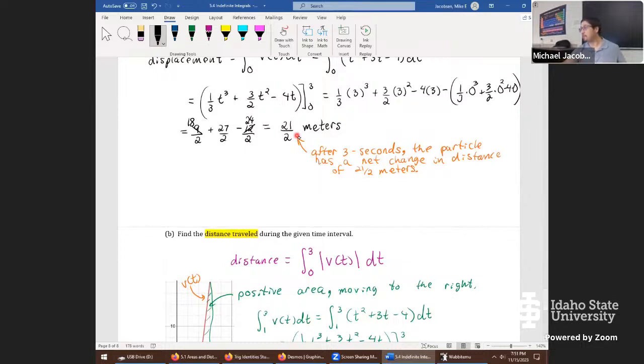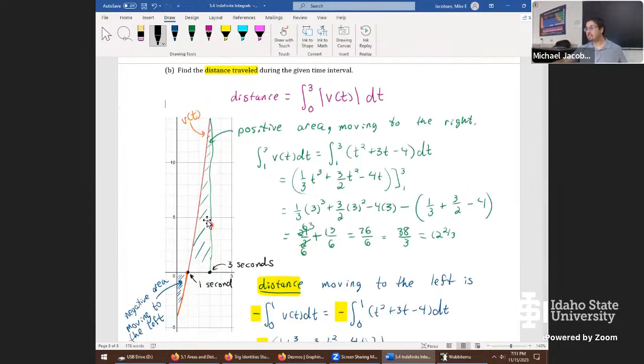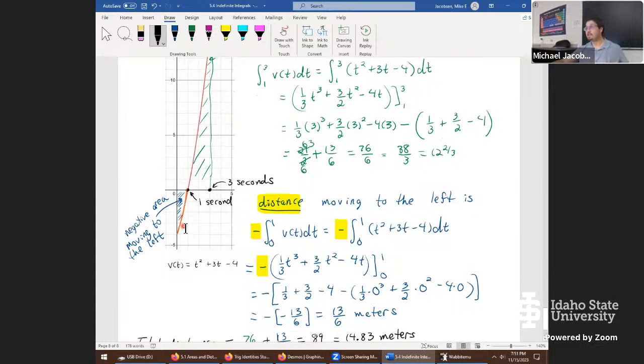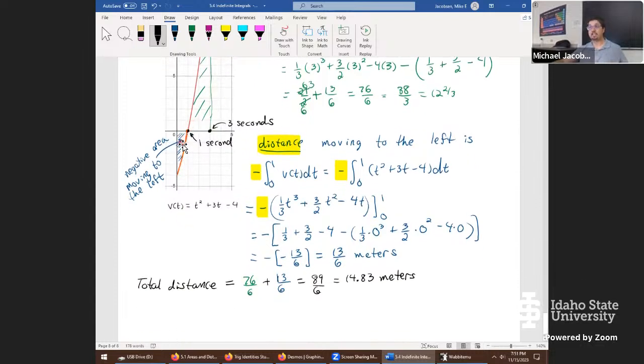The 10.5 meters from here, let's just fill that in. 10.5 meters is green area plus, or excuse me, subtracting the blue area, keeping the negative sign. Total distance was just adding these areas together without considering this as negative. But we have to throw in that negative sign to force it to be positive. Definite integral regards that as negative area.